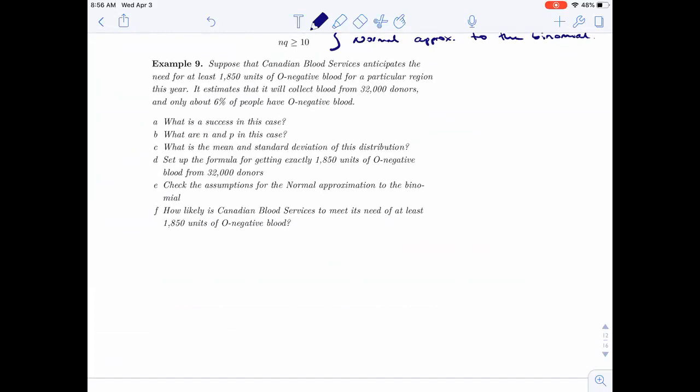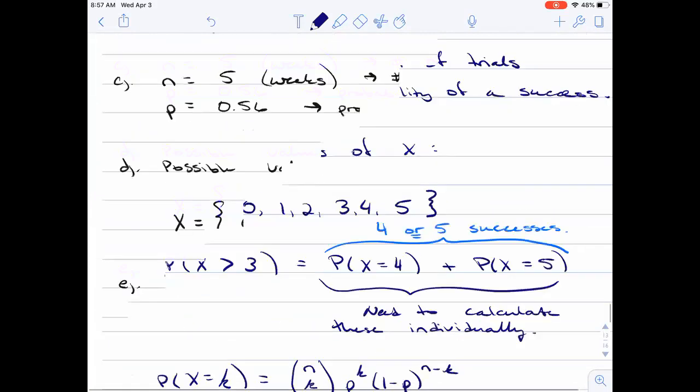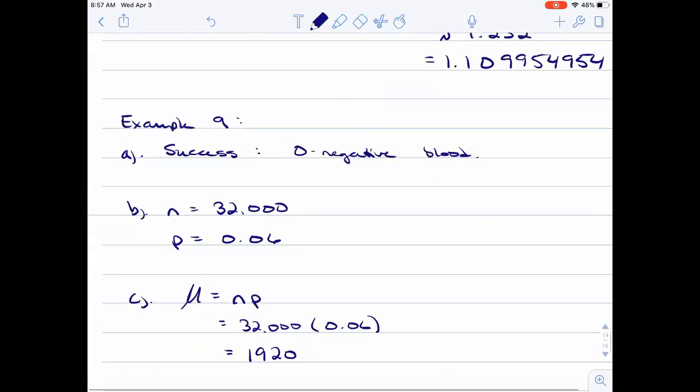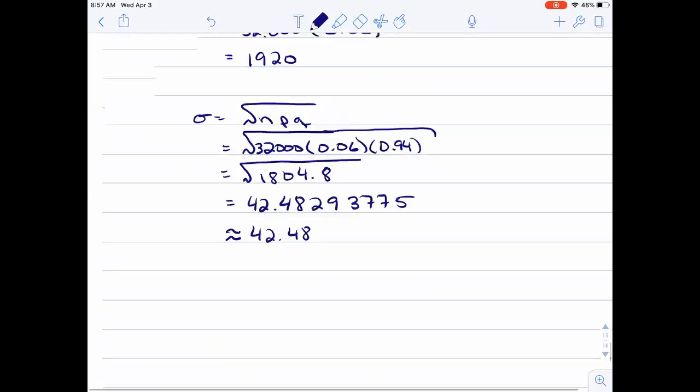Part D, set up the formula for getting exactly 1,850 units of O negative blood from 32,000 donors. So this is just exactly 1,850 successes.